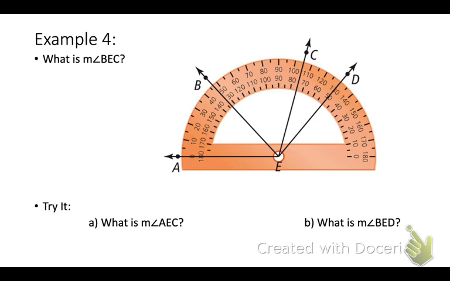Okay. So when you look at it, this ray down here is called the initial ray, because angles actually show movement. Did you know that? It shows the first position where it was, and then it moves, and you see the second position. So it's actually 2 positions of one ray.